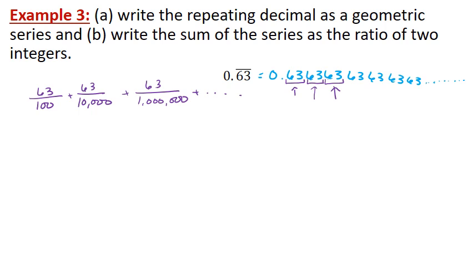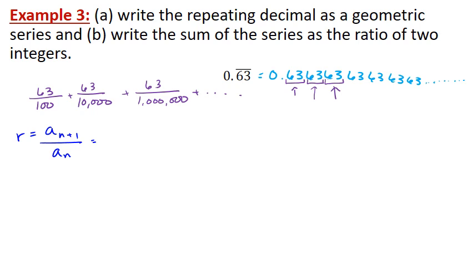Okay, so let's see what we can do. What we want to do is come up with some sort of summation. Now we definitely want to find r. Remember r, you need the second term and divide it by the first term.